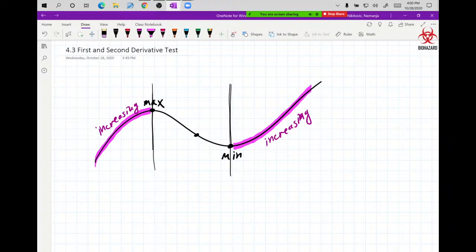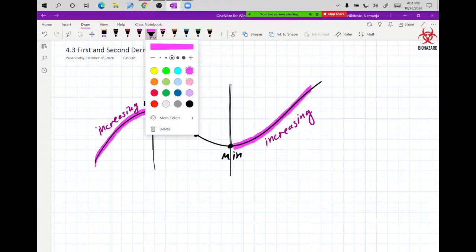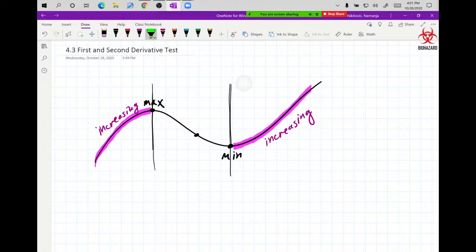So there are, in this case, two locations at which we have the increase. We also have this situation in between, right here, where we have a decreasing function. So that's a decreasing part.